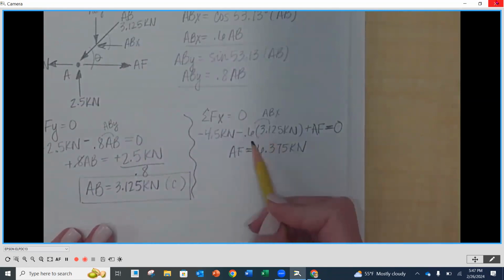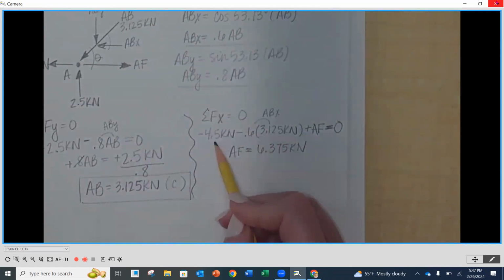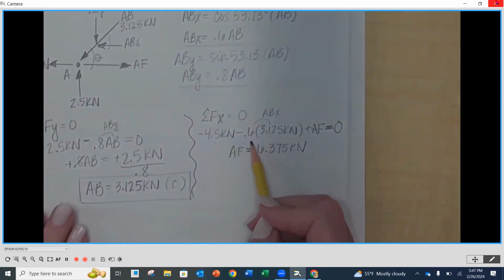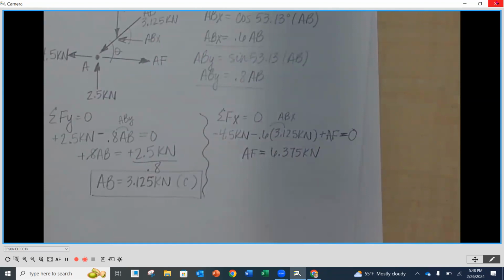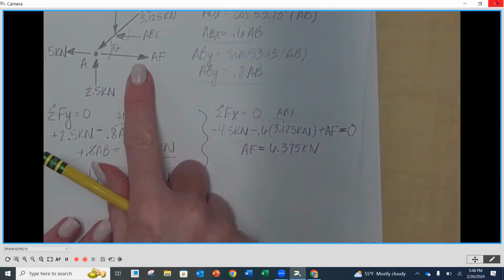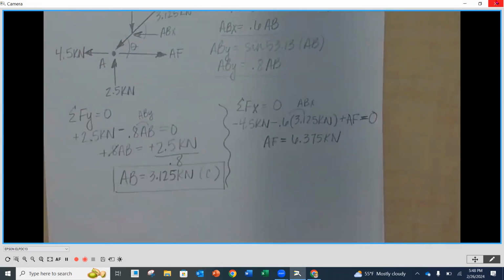So when you multiply 0.6 times 3.125 plus a negative 4.5, you should have gotten a negative 6.375 on the left-hand side, right? And then you're going to move it to the other side, it becomes positive. So we have a positive value, 6.375 kilonewtons, meaning that the direction that we assigned AF is correct. We don't have to do any moving around.